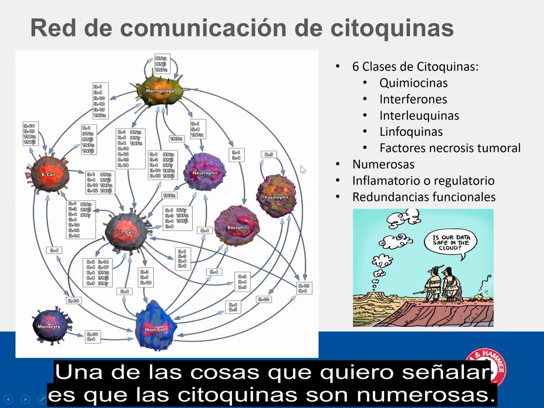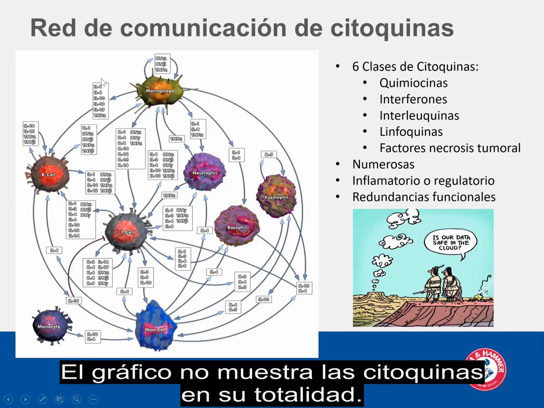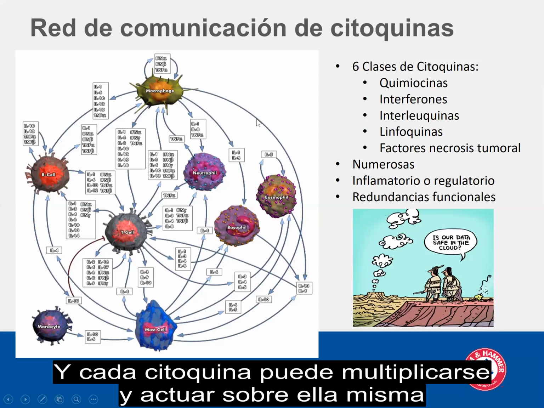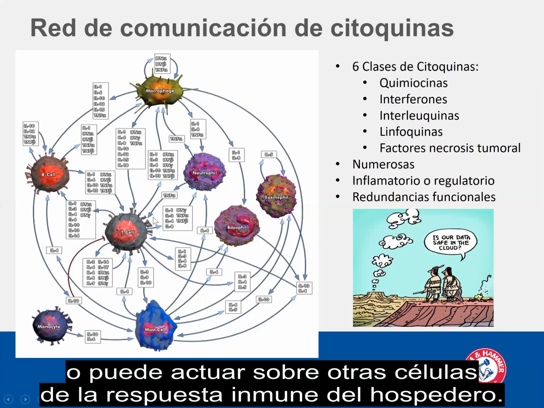Now, one of the things that I want to point out is the cytokines are numerous. I mean, this isn't even showing them all. They can be termed either inflammatory or regulatory, and each cytokine can act on itself or on other different immune cells within the host system.